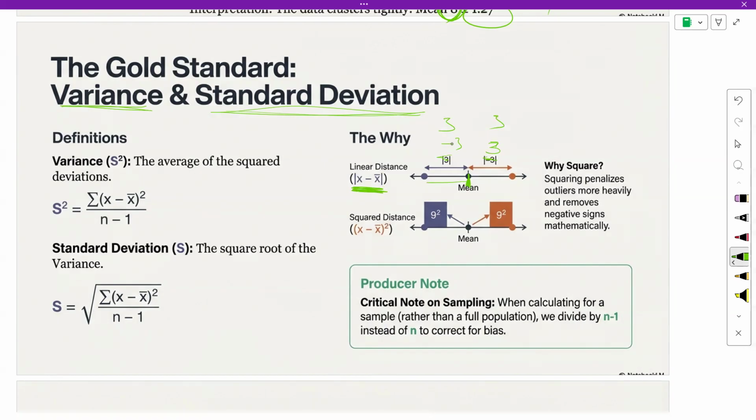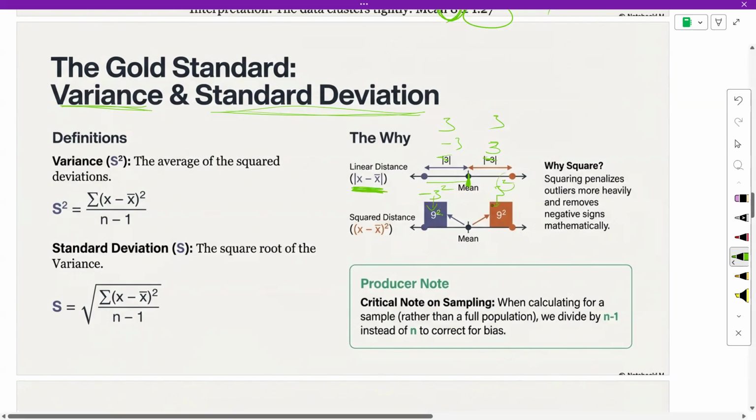Rather than ignoring the sign of the differences, mathematically we do it like this. If the difference is 3, then 3 squared, and minus 3 squared, automatically becomes 9, plus 9, and here also 9.